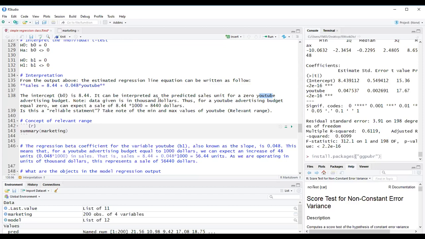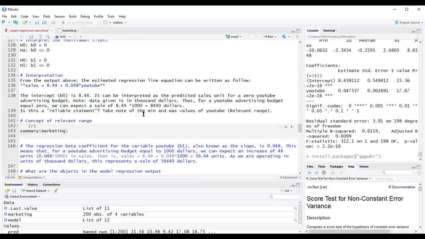So sales is in thousands of dollars. What does this tell us, guys? That the expected or predicted value of sales when the advertising budget for YouTube is equal to 0 is $8,440. Clear, guys?